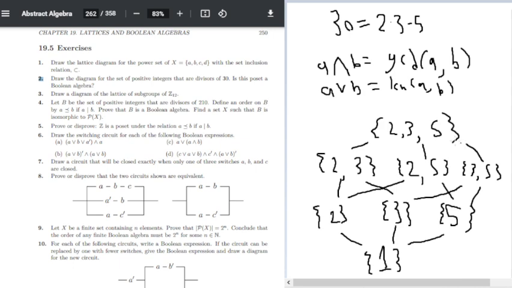So it looks like if the prime factorization of n has no repeated prime factors, then there's an isomorphism between the divisor lattice and the power set. We can just consider the set for 1 to be the empty set in this case.